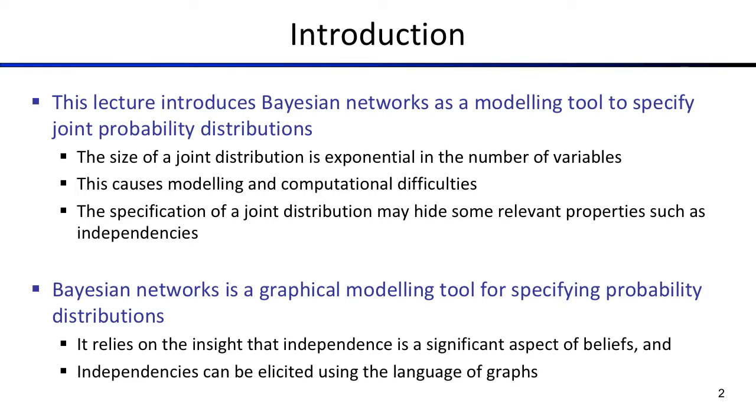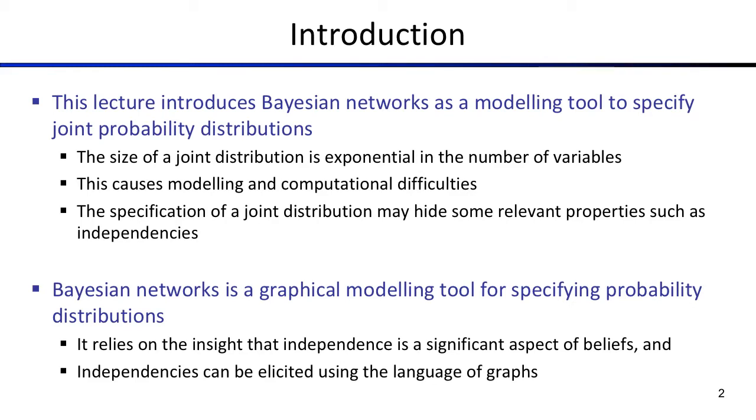So we needed to find a factorized representation for the joint distribution. Another thing is that when we work with the joint distribution, it's very difficult to gain any insights. It's going to be a huge table full of numbers. For instance, to understand what the independencies are, it's very difficult just looking at the numbers.